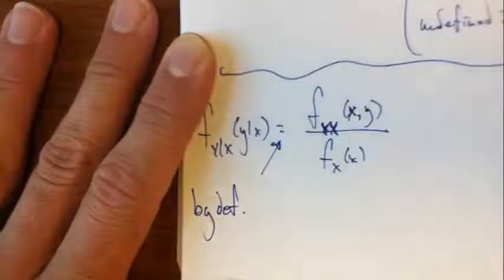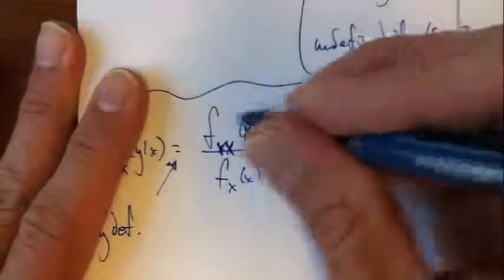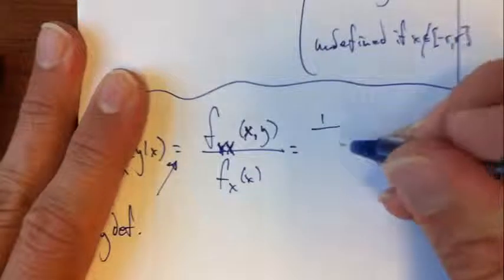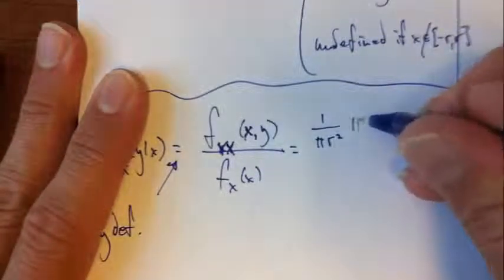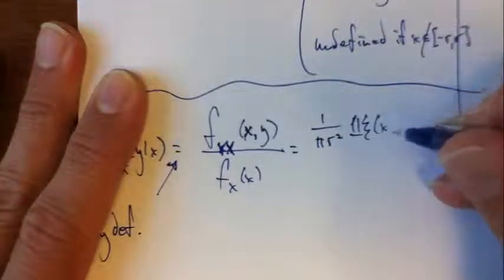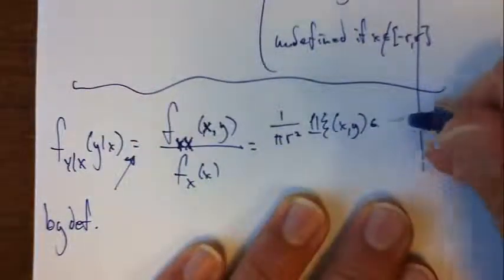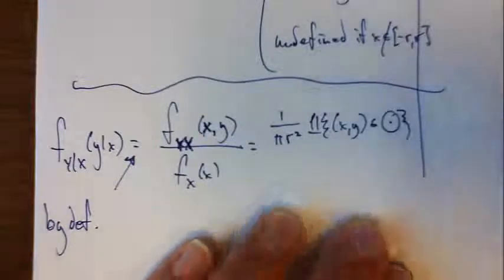Now, if you remember, or even if you don't, the top part here we found to be 1 over pi r squared, right? And then times the indicator function that x and y, those random points, are indeed inside the circle.